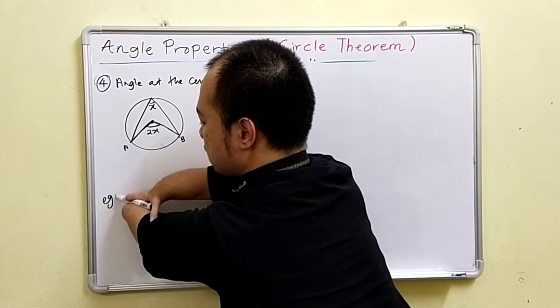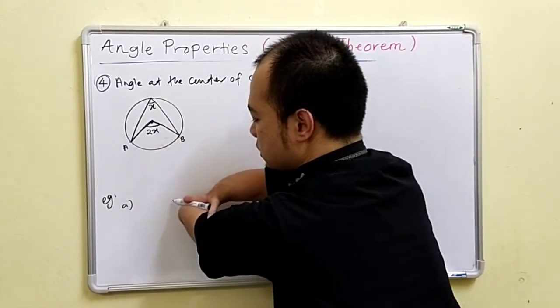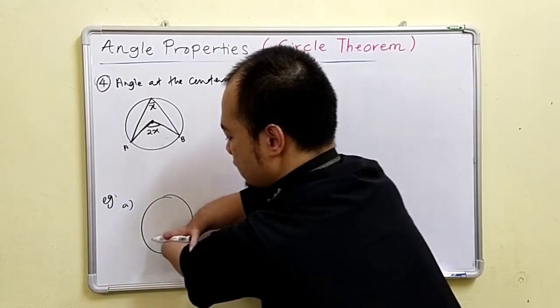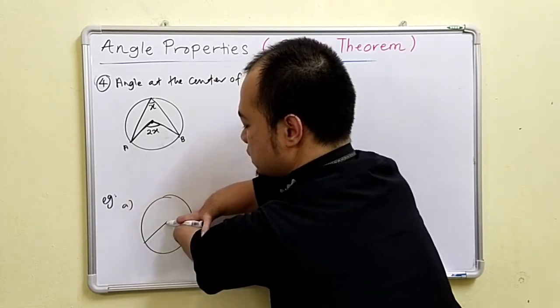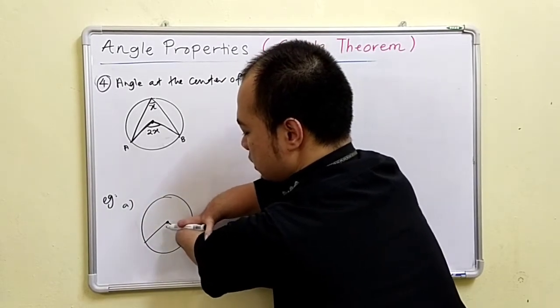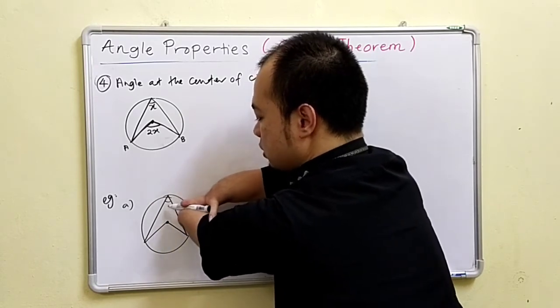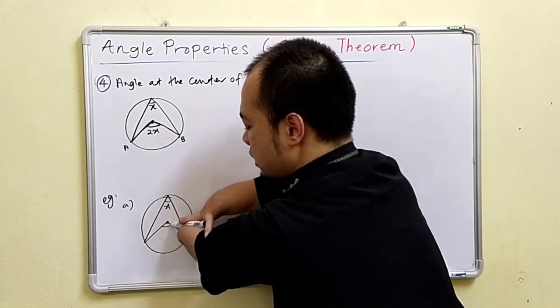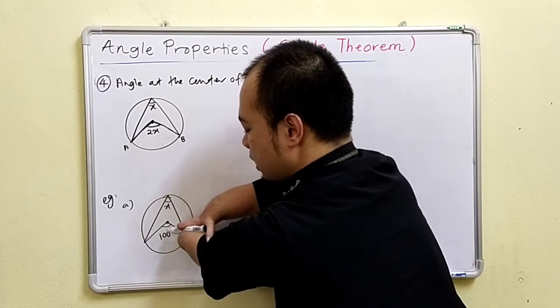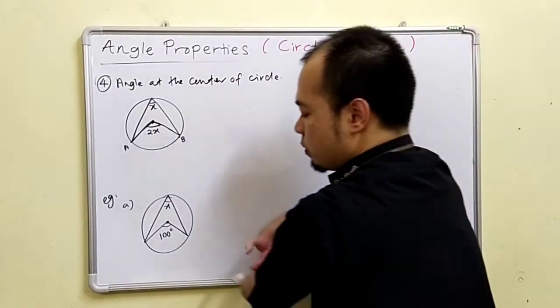Example for this one: if they give you a circle, and from here you go to the center. Say find the value of x, given that over here is 100 degrees.